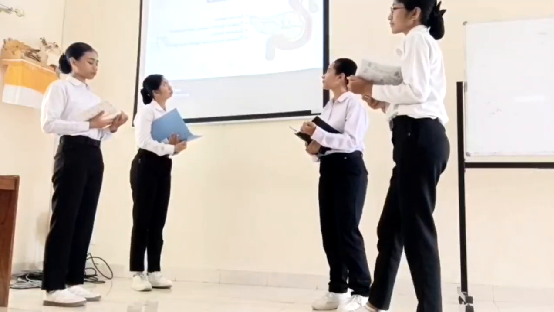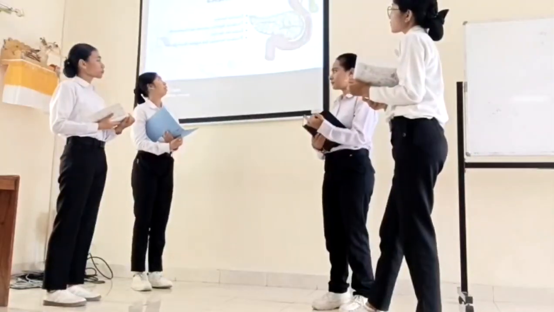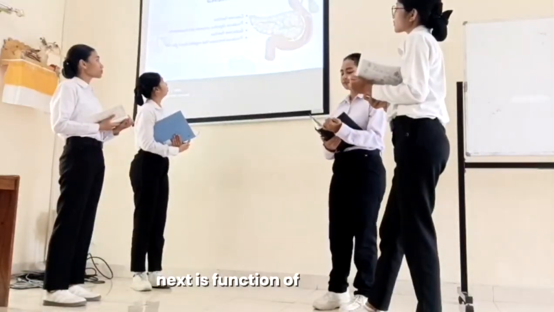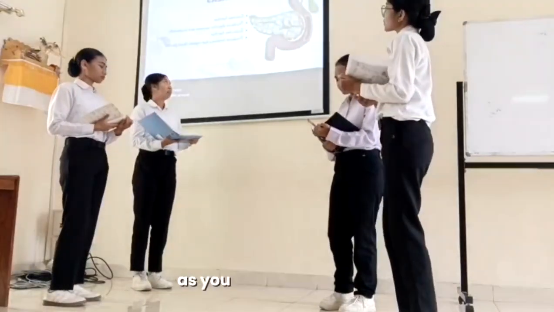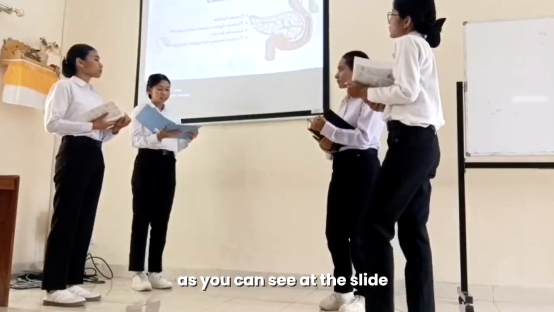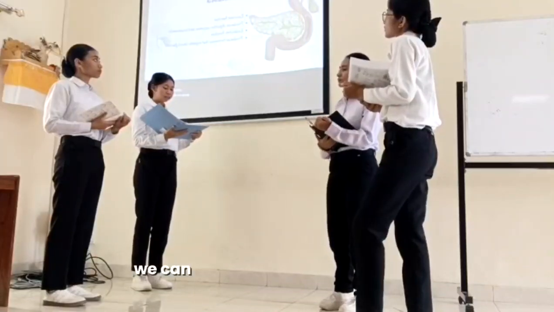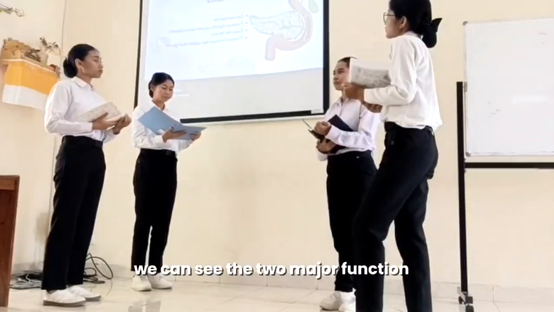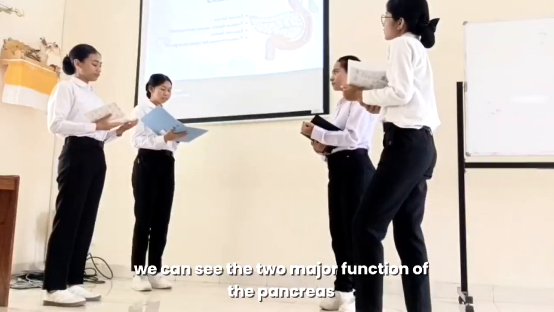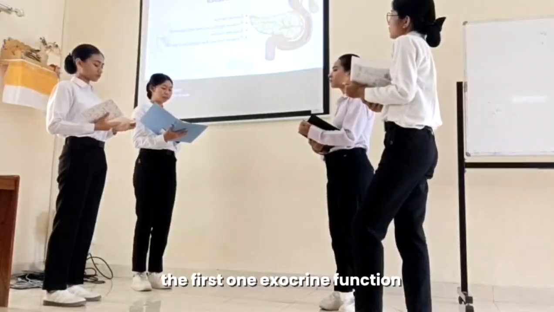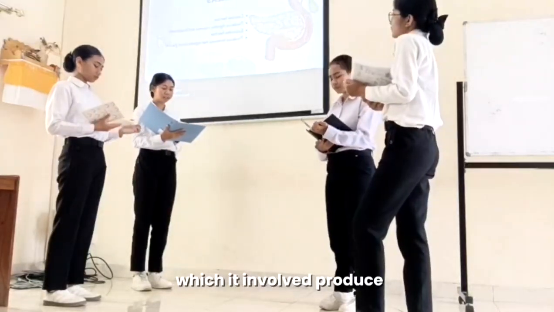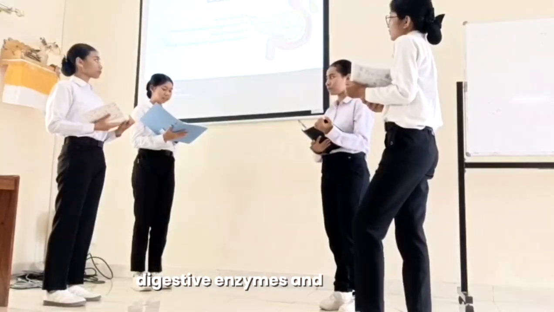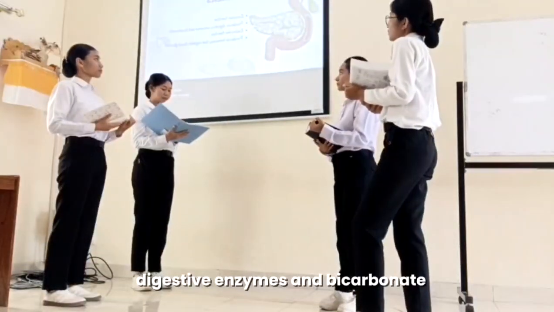Next slide. The next is function of the pancreas. As we can see on the slide, there are two major functions of the pancreas. The first one is the exocrine function, which involves producing digestive enzymes and bicarbonate.